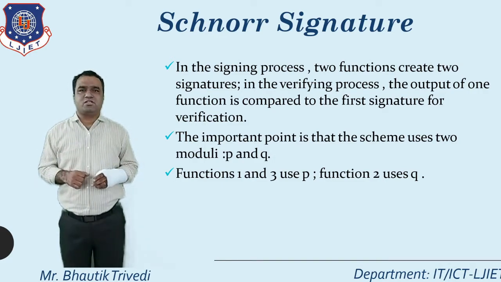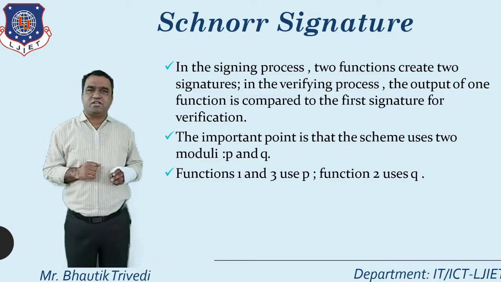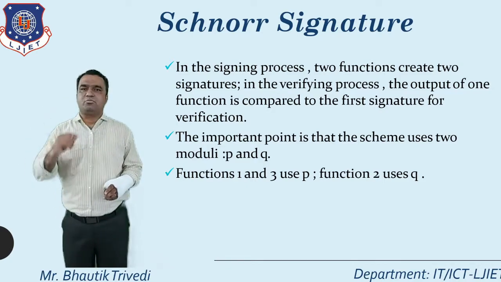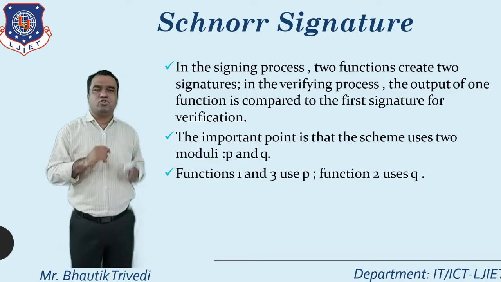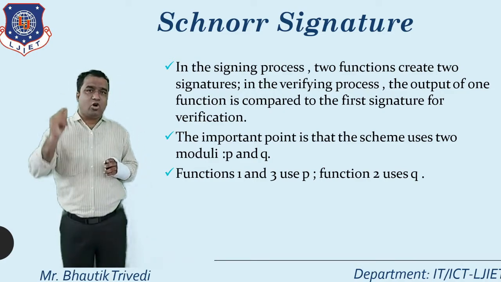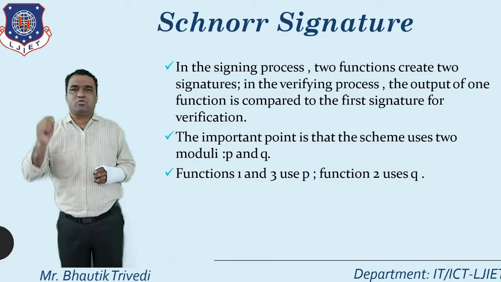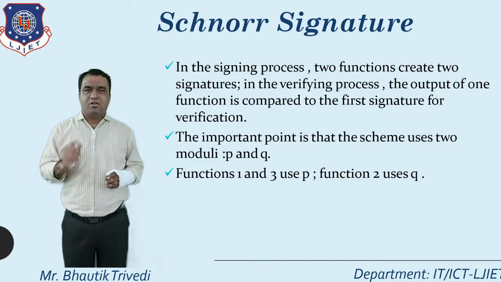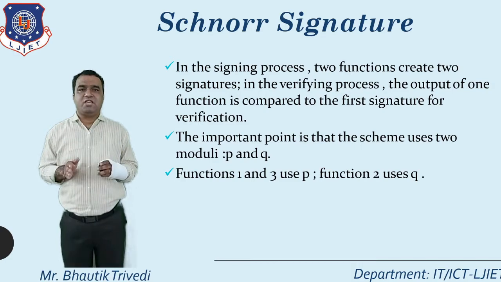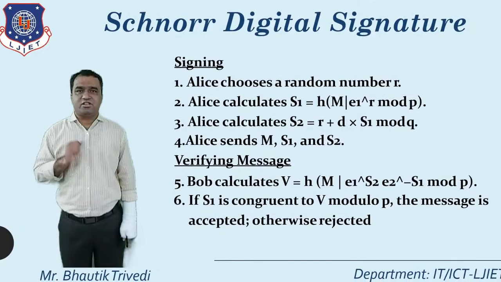In the verifying process, the output of one function is compared to the first signature for verification. Functions 1 and 3 use the concept of P, and function 2 uses the concept of Q. In the ElGamal digital signature, the concept of P and P minus 1 is used, but in the Schnorr digital signature, the concept of P and Q is used. This is the difference between the ElGamal and Schnorr digital signatures.